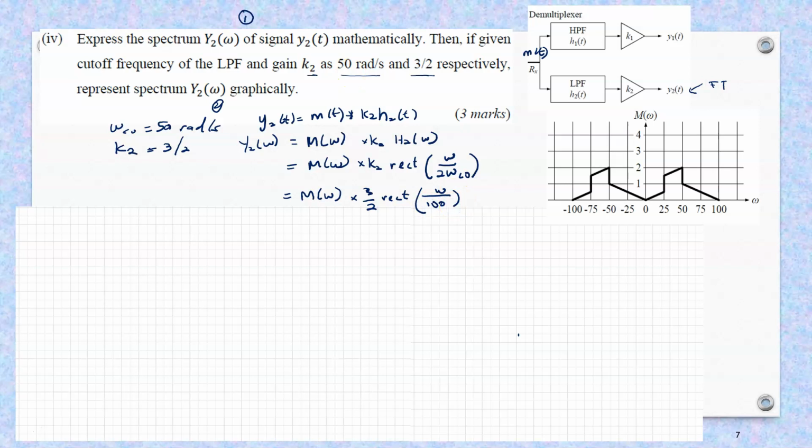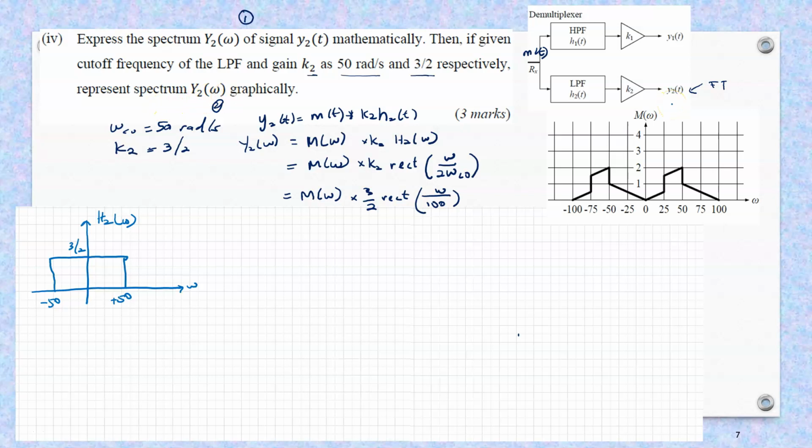Once we obtain the equation for the low pass filter, we can draw it here. It has an amplitude of 1.5, and the cutoff frequency is from negative 50 to positive 50. Now we have to represent the spectrum Y2 omega.